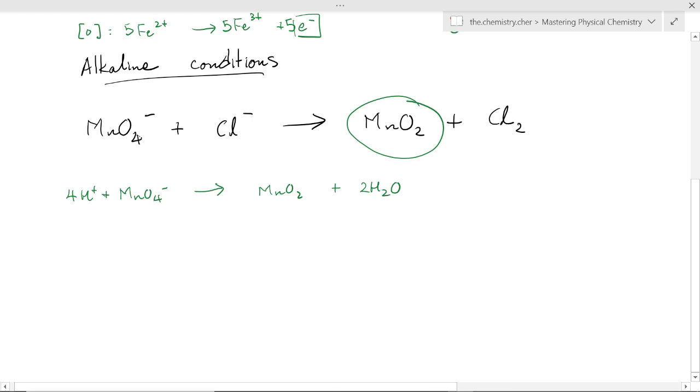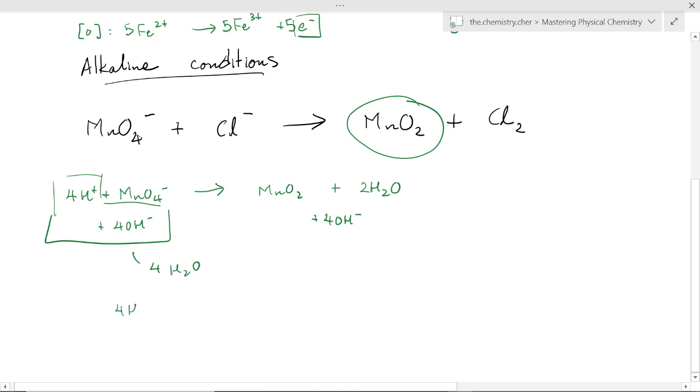And now what I can do is to make sure that the number of H+ is totally removed. Since this is in the alkaline condition, I'm going to add OH- equal to the H+ on both sides, so that I can remove my H+. This will come together to give me 4H2O.